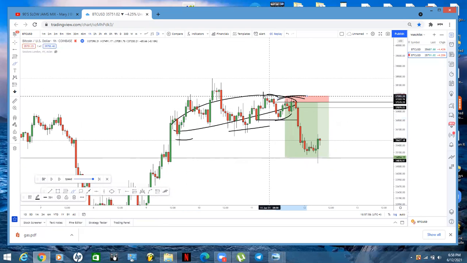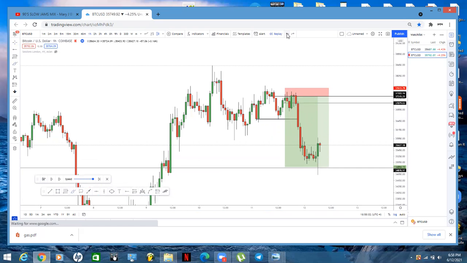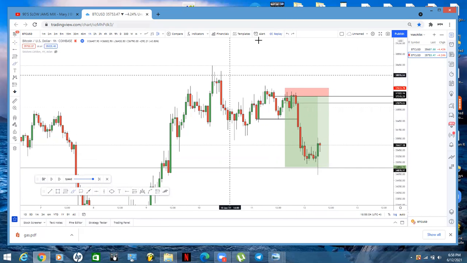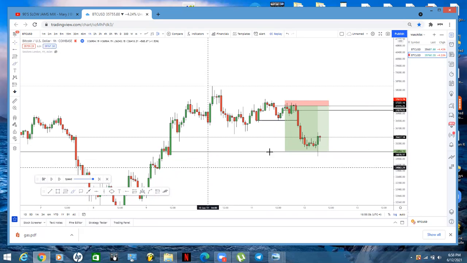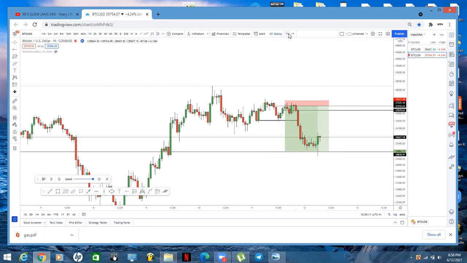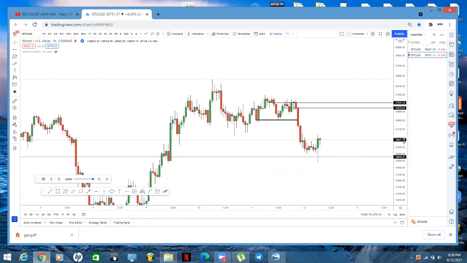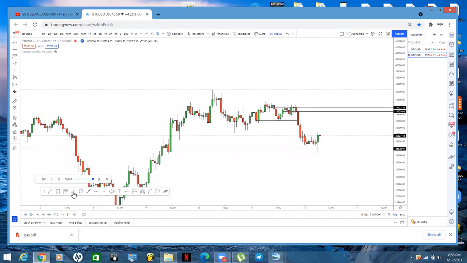So we know that stops could be up here and possibly above here. That is where the liquidity is. And notice how price is building new liquidity below these lows right here.